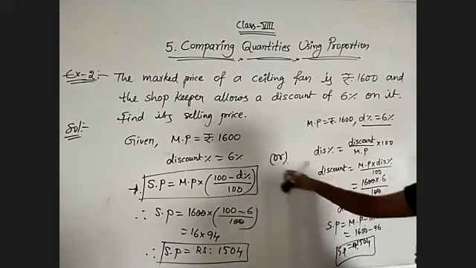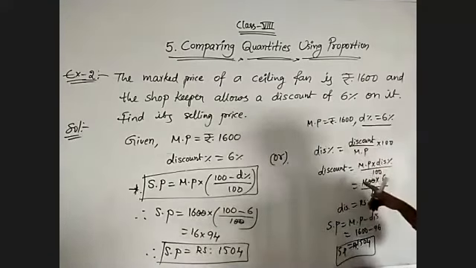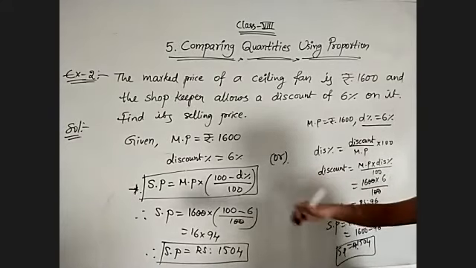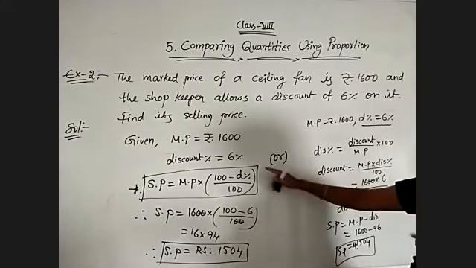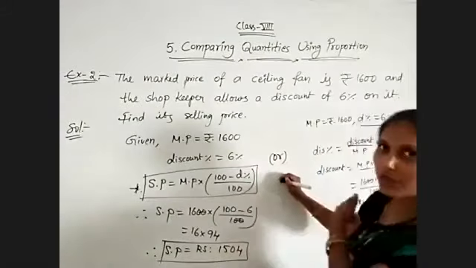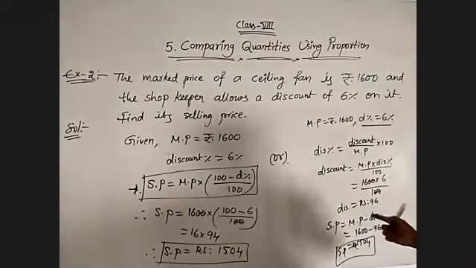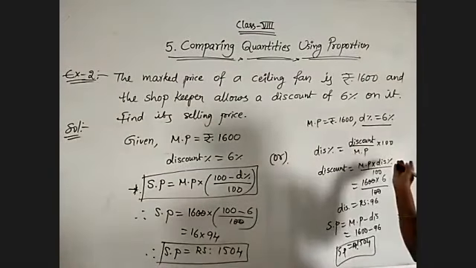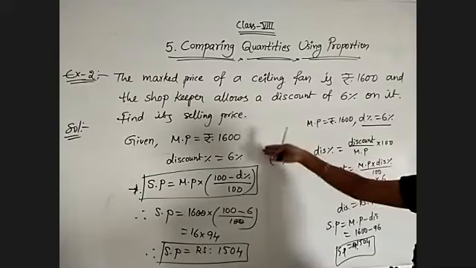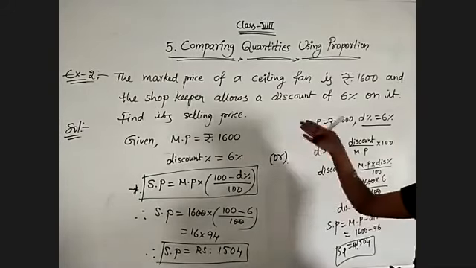When discount percentage is given, first try to get the discount, after that find out the SP. This is one method and this is another method. If you are remembering the formulas, this one is very simple instead of going like this. Okay, no problem. If you are following this method also, there is no problem. But if you are using this, you will simply get the answer.